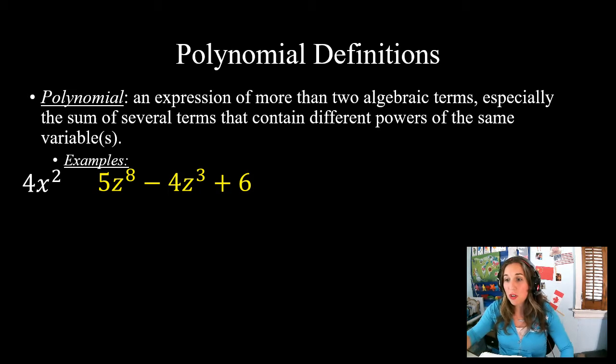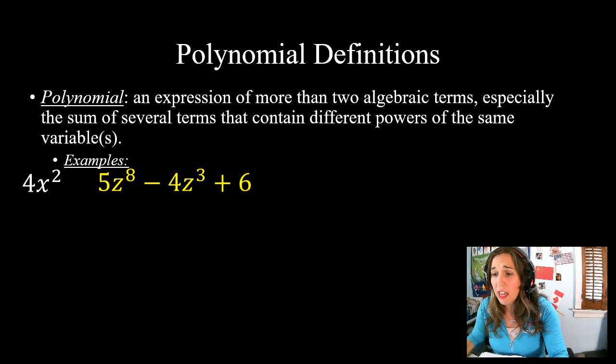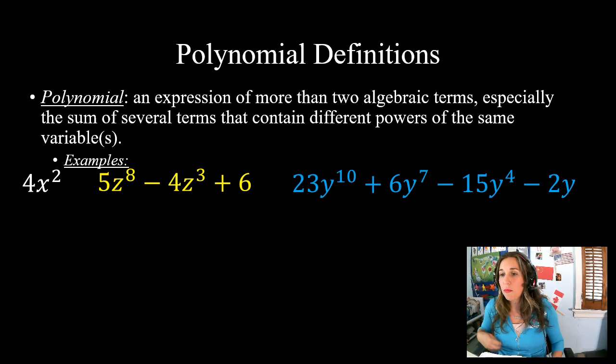Here we have a three-term polynomial: 5z to the 8th minus 4z cubed plus 6. This polynomial has 1, 2, 3 terms. That's another polynomial. Again, you'll notice that there are coefficients, variables, and those variables are being raised to a degree. Here's another polynomial: 23y to the 10th plus 6y to the 7th minus 15y to the 4th minus 2y.